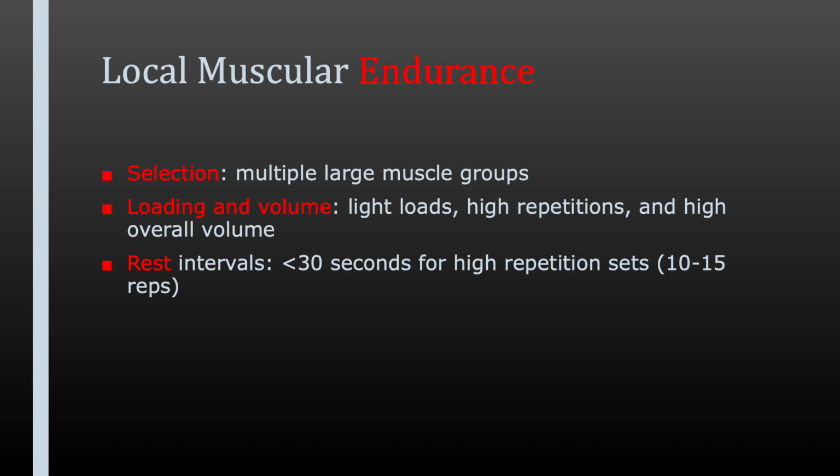However, inverse relationship, when intensity is light, volume is high. So we can have repetitions of 12 to 15 per set. Since we have lower intensities, the rest interval does not have to be long, and we can have less than 30 seconds for high repetition sets.